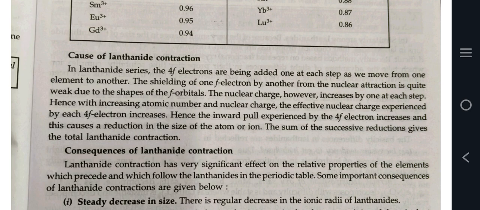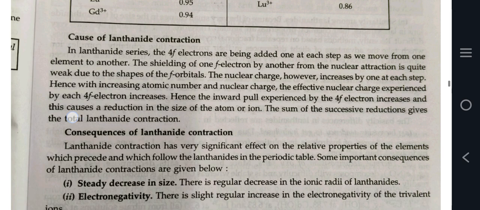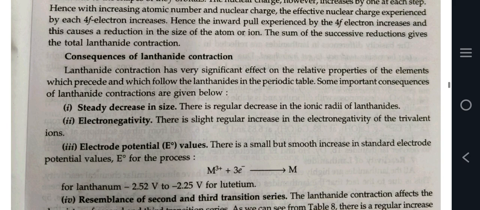The nuclear charge, however, increases by 1 at each step. Hence, with increasing atomic number and nuclear charge, the effective nuclear charge experienced by each 4f electron increases. Hence, the inward pull experienced by the 4f electrons increases, and this causes a reduction in the size of atoms or ions. The sum of successive reductions gives the total lanthanide contraction.